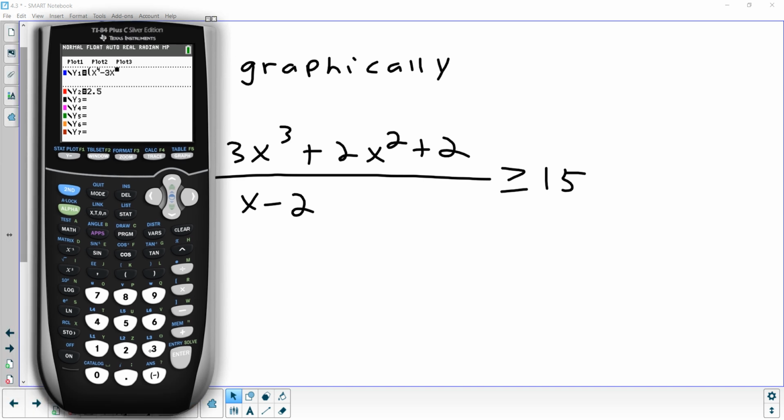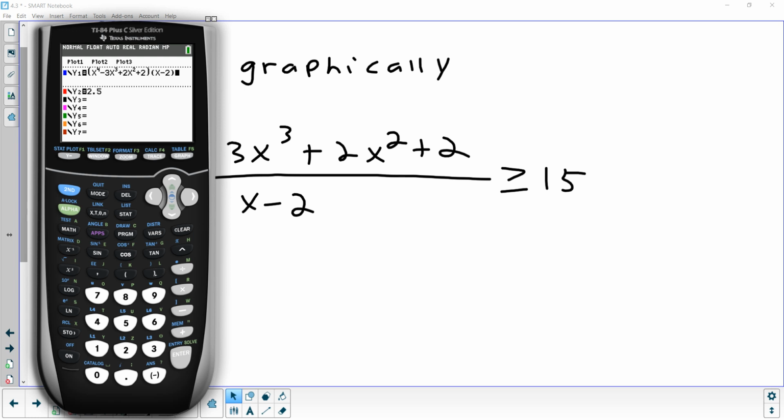Minus 3x cubed plus 2x squared. If you forget something, you can always just insert. You don't have to type the whole thing all over. Plus 2, and then divided by x minus 2.